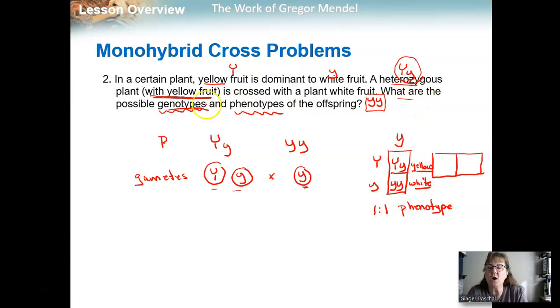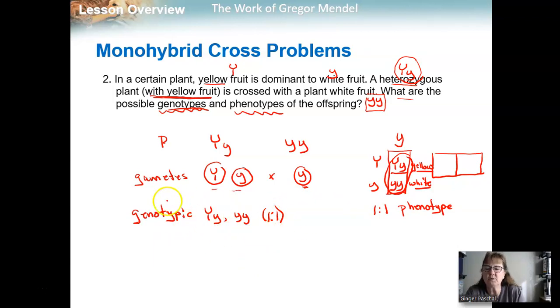So it asks what are the genotypic and phenotypic possibilities. Our genotypic, we can see here inside the Punnett square, that would be capital Y, lowercase y, and lowercase y, lowercase y. And over here I'm going to put that this is a 1-to-1 ratio.